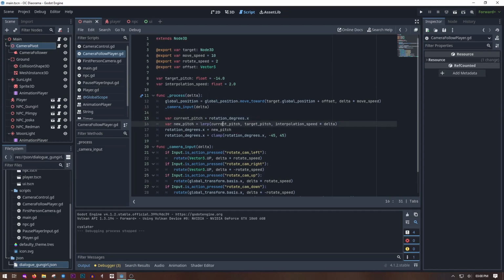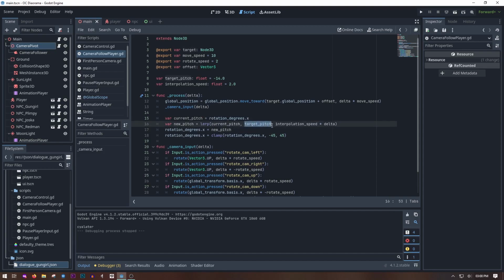I almost have it. It's just hard to comprehend sometimes. The current pitch becomes the rotation degrees x. The rotation degrees x is the new pitch. So basically we're saying the current pitch, every frame turns into the new pitch, and the new pitch is defined by the current pitch with these other things.